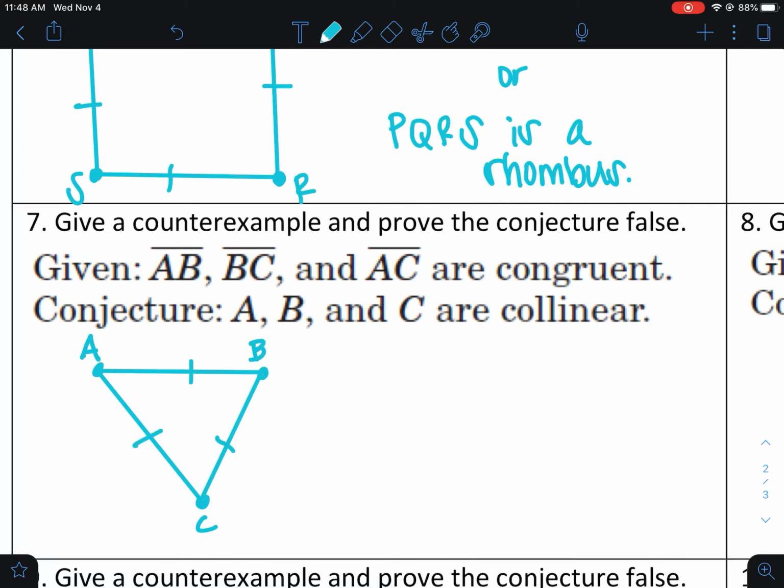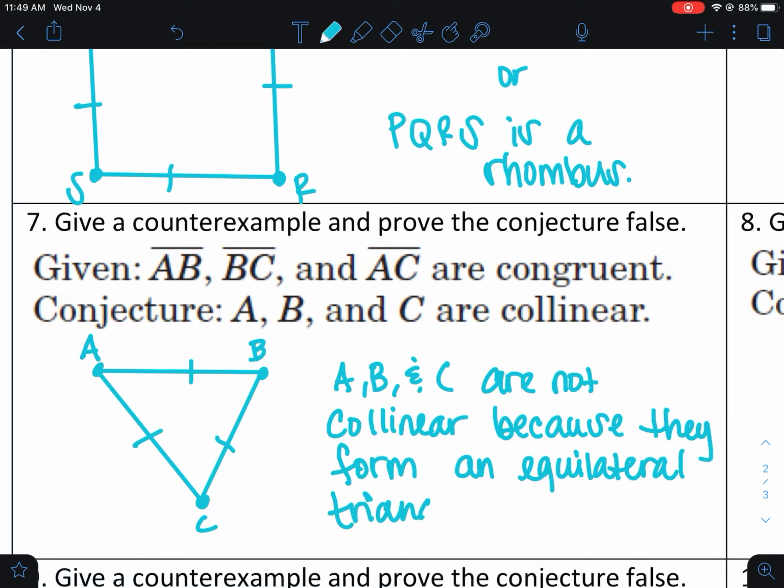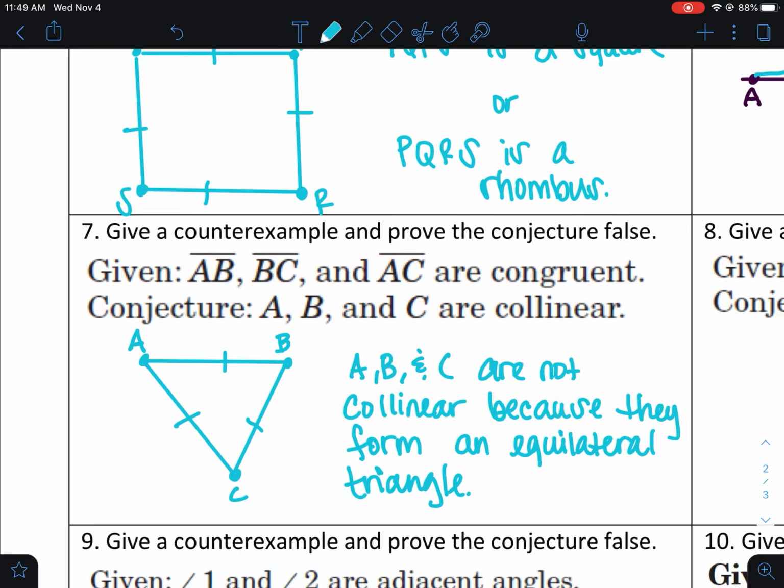And we've just proven that A, B, and C are not collinear, because they form an equilateral triangle. Okay, equilateral just means they have equal sides.